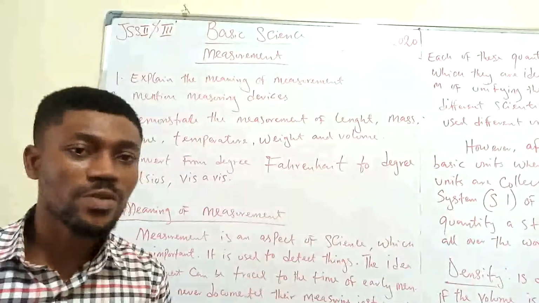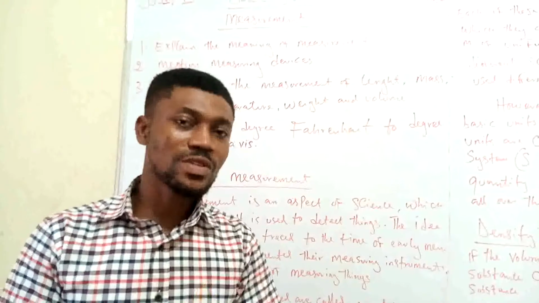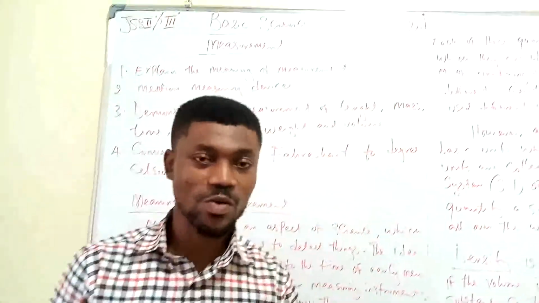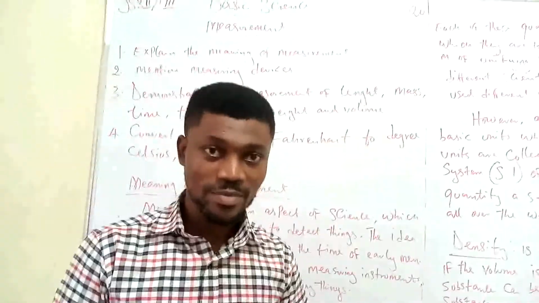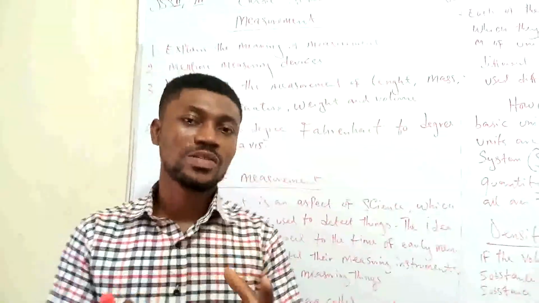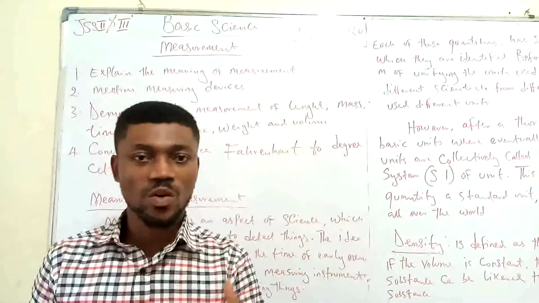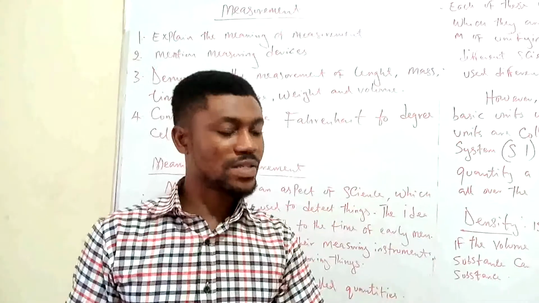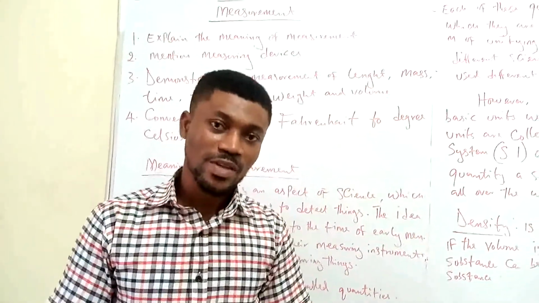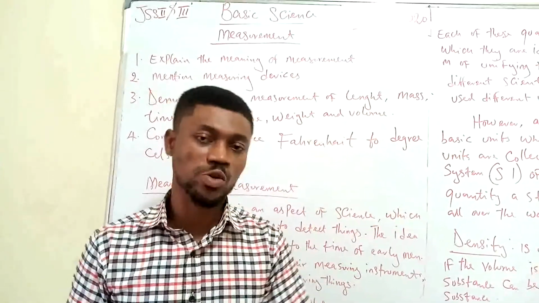But before we go further, let's visit our previous topic. In our previous class, we treated rust or rusting. Can you still remember what I told you about rust? We defined rust as the orange or red coating that forms on our metals or iron as a result of exposure to air or moisture.